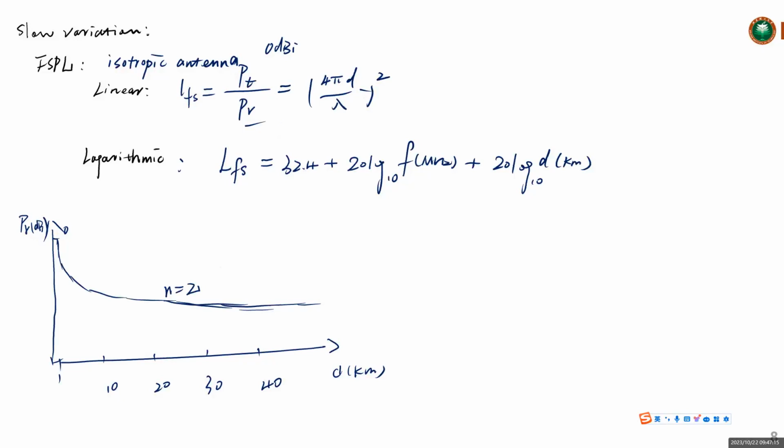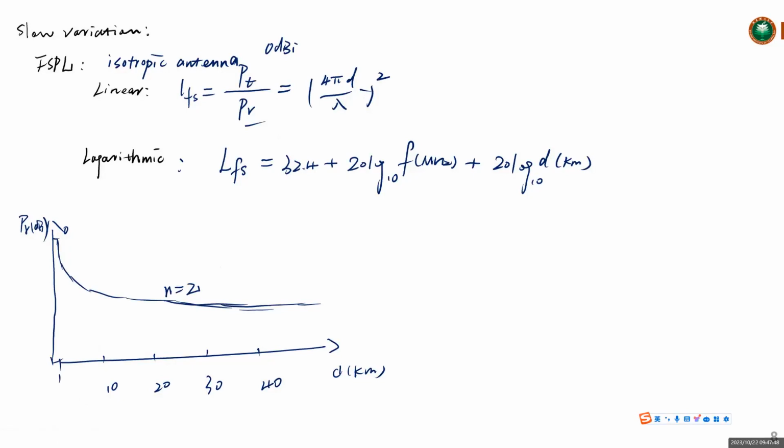And so that means it is fixed, all right? But actually, according to the experiments, for typical mobile propagation paths, the signal's distance decay does not follow such a law.